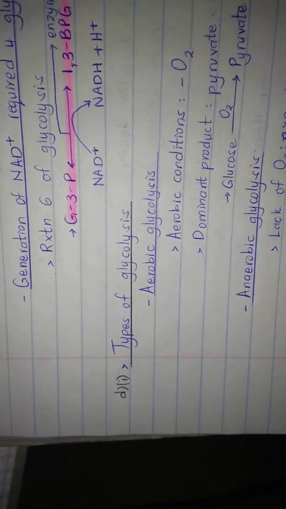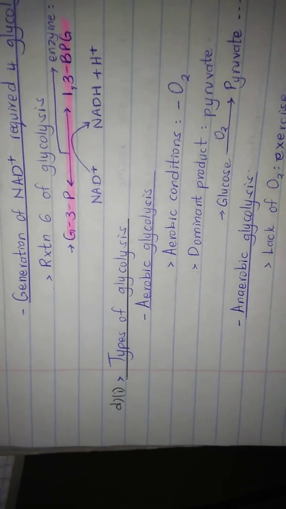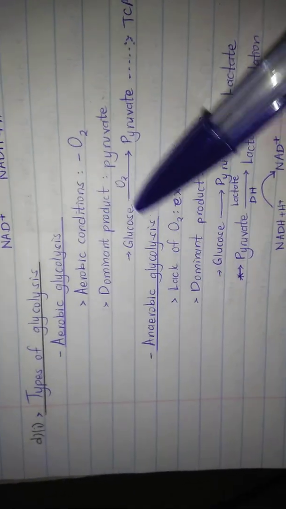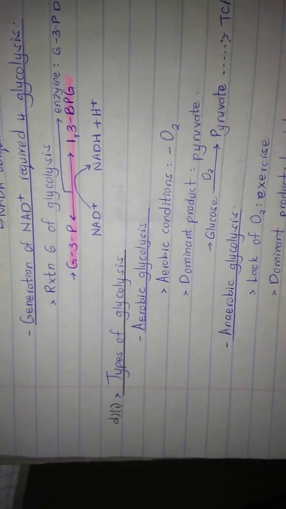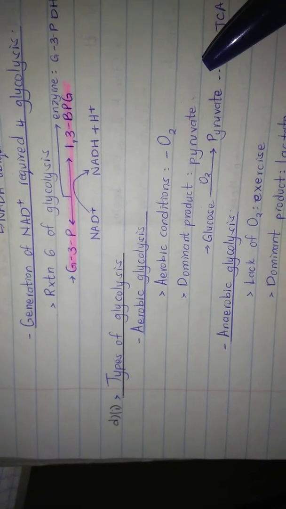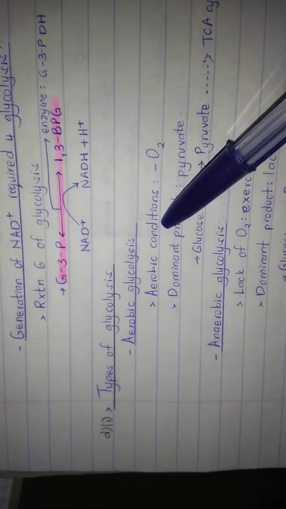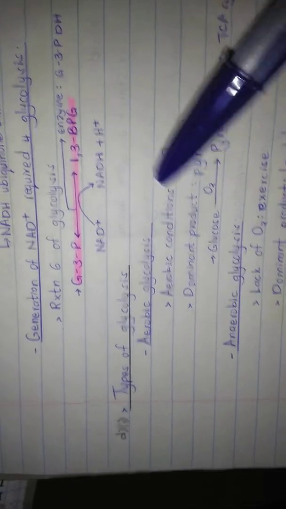Then the other question would be types of glycolysis. We can say that there are 2 types of glycolysis: aerobic glycolysis and anaerobic glycolysis. Aerobic glycolysis is the glycolysis which takes place under aerobic conditions, and of course aerobic conditions involve oxygen, and the dominant product produced is pyruvate.